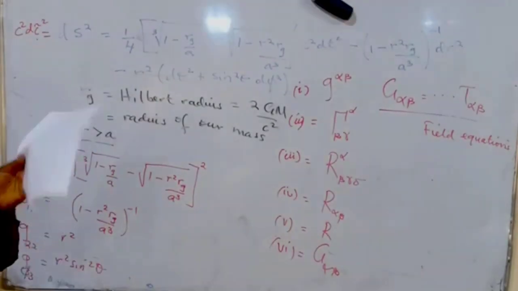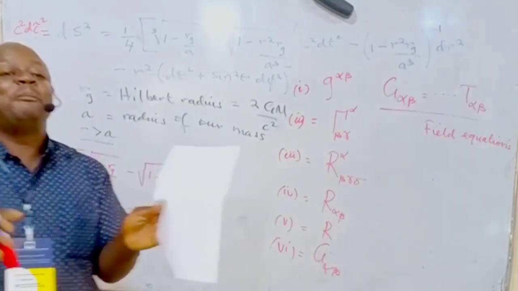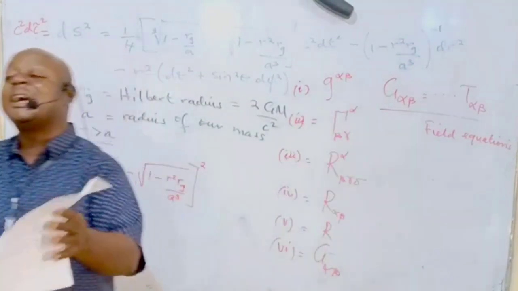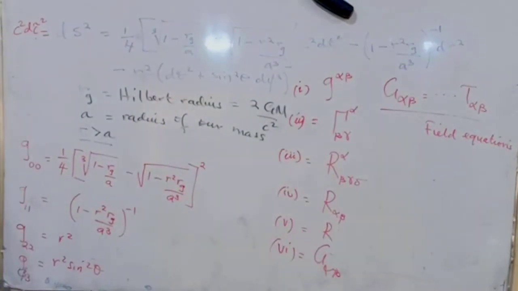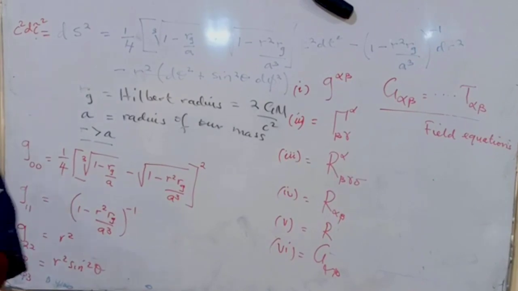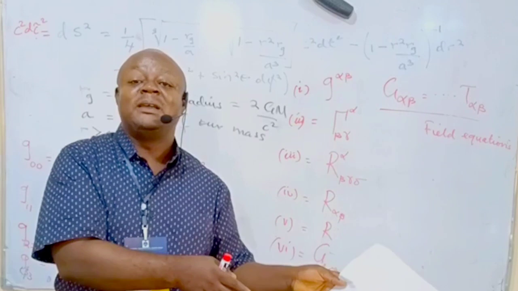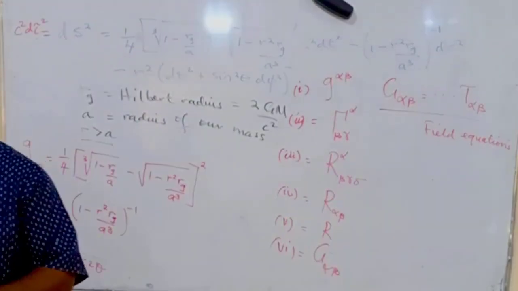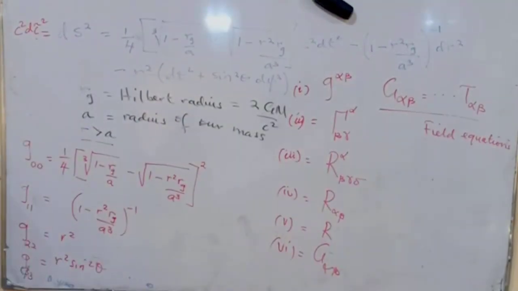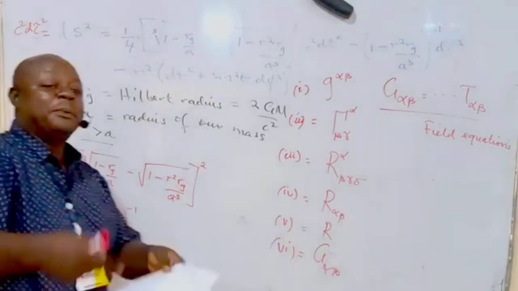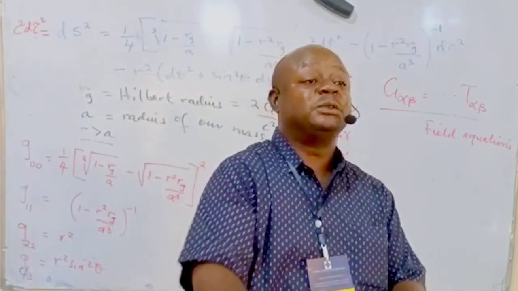And then you will now look at your planetary equation and compare with other planetary equations that are existing in literature. How is your own planetary equation different from their own? Okay? What will happen to your own for it to reduce to Schwarzschild?